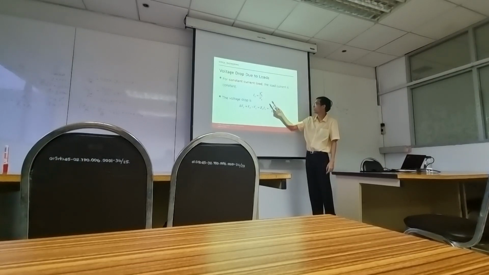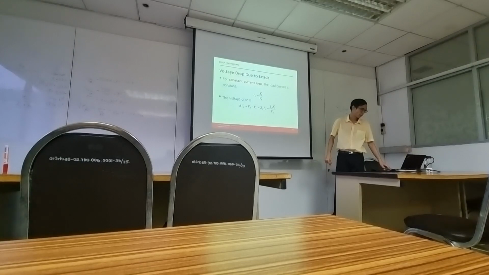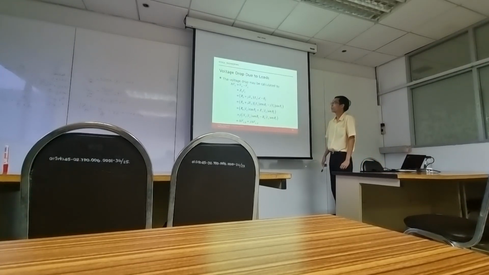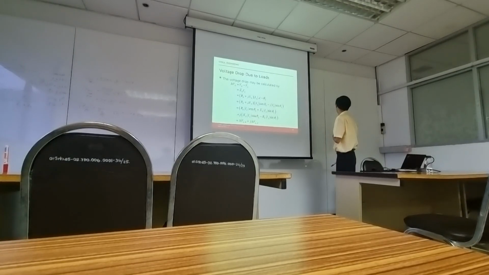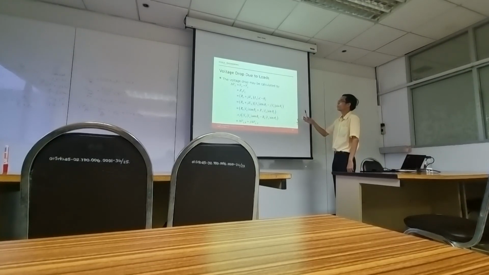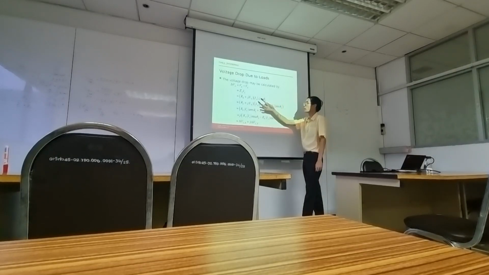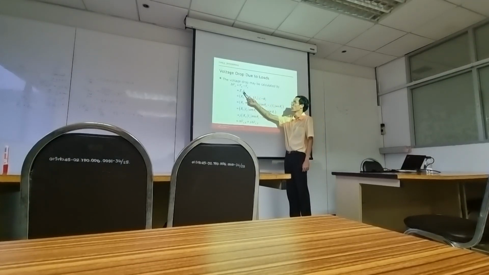And if you substitute this into this, you get this. We may calculate the voltage drop by using this equation. Okay, this is ZS IL, this is the voltage drop. ZS is equal to R plus JX, right?